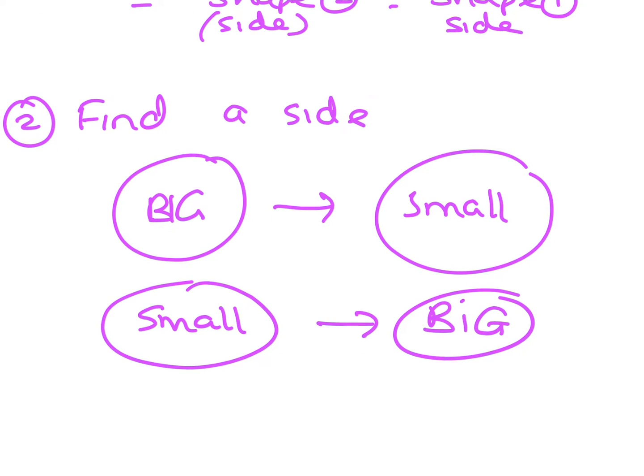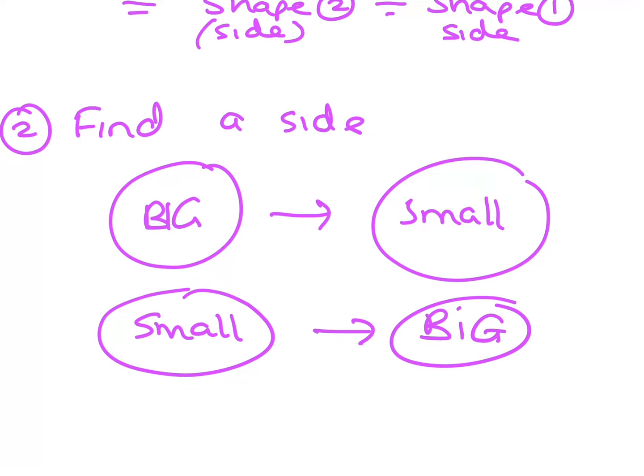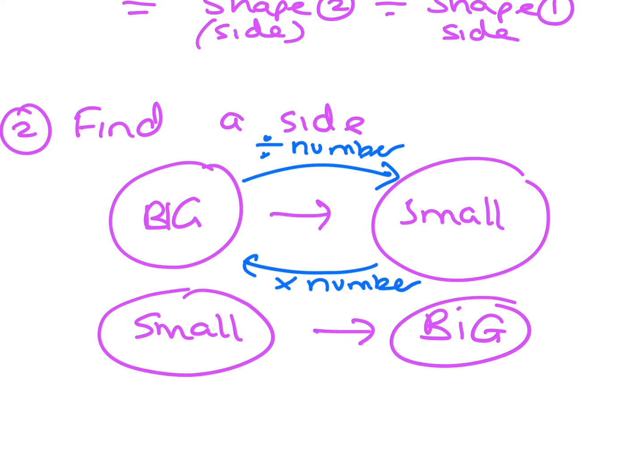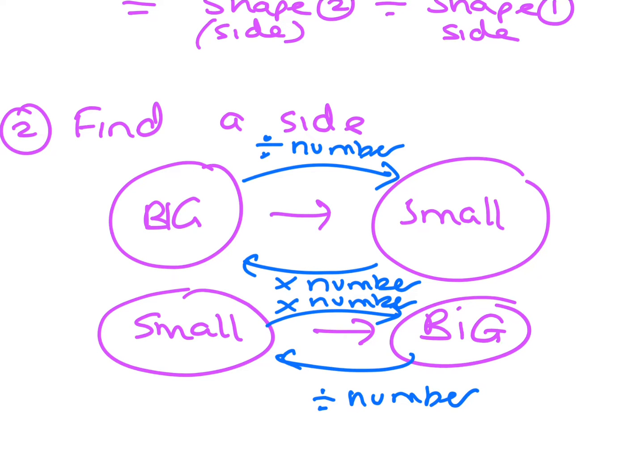Okay, so when you're going from a big shape to a small shape, basically what you need to do is find the number that you're going to divide by, because if you're going to get smaller, you've got to divide. What's the number that you're going to divide by to make it smaller? And what's the number, if you're going backwards, that you would times by? If you went from small to big, that would be times a number. And if you went big back to small, that would be divide by a number.